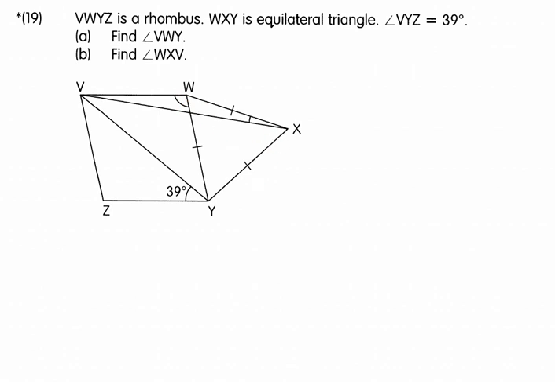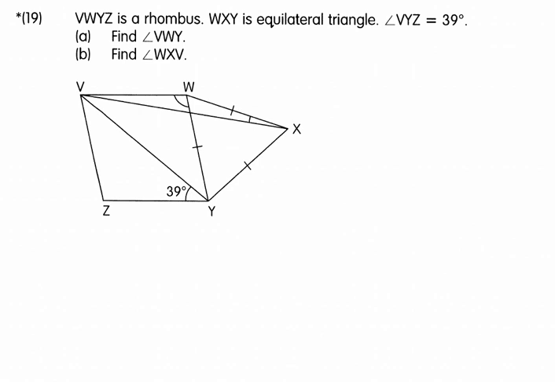Now, VYZ equals to 39. This is 39 degrees, right? So you are supposed to find angle VWY. Now, if I've got rhombus here, and I draw a diagonal, what is the shape that I will get, Kathleen?